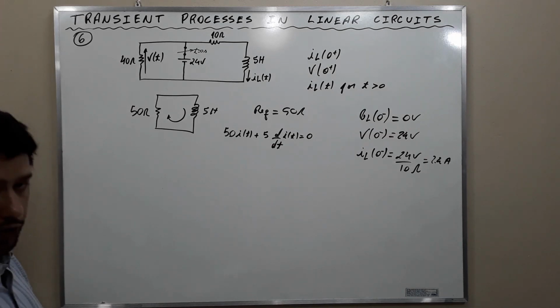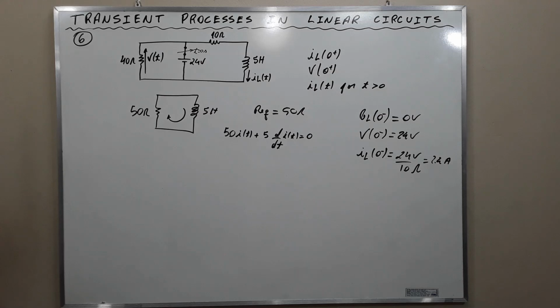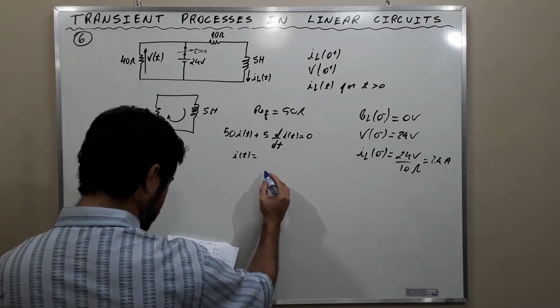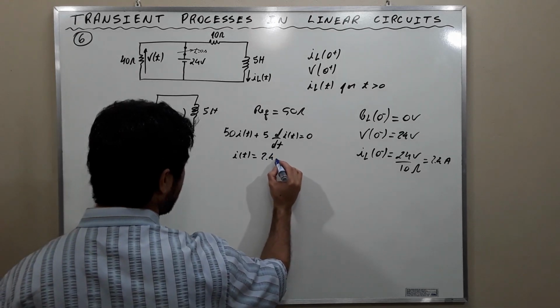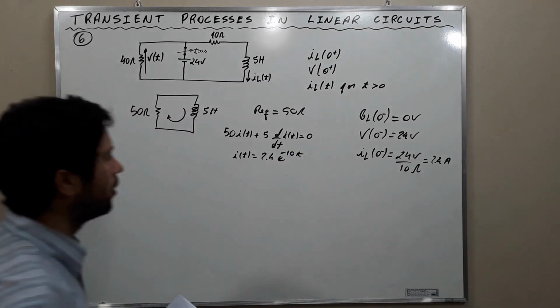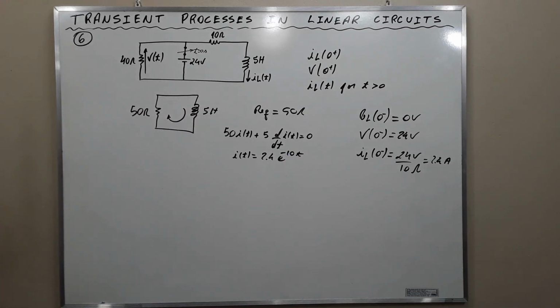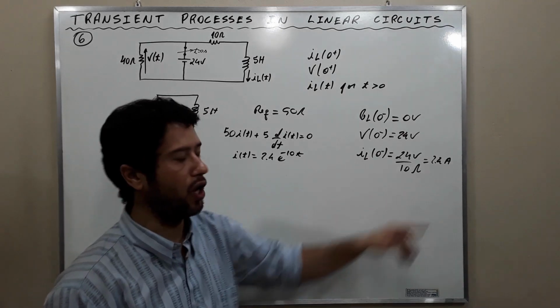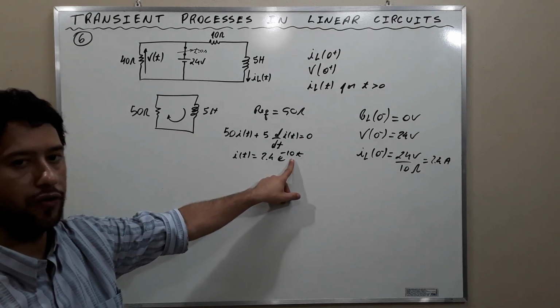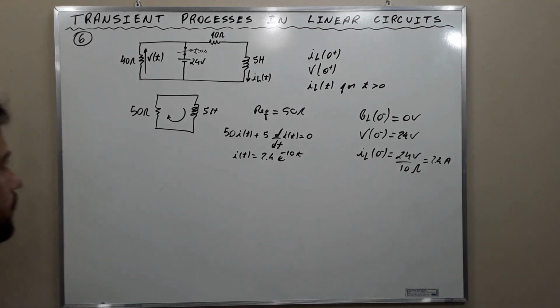And if we solve this as we did before, we find that I of t is equal to 2.4 times e raised to the power of negative 10t. Because this is the initial value of the current, and it is going to decrease exponentially like this.